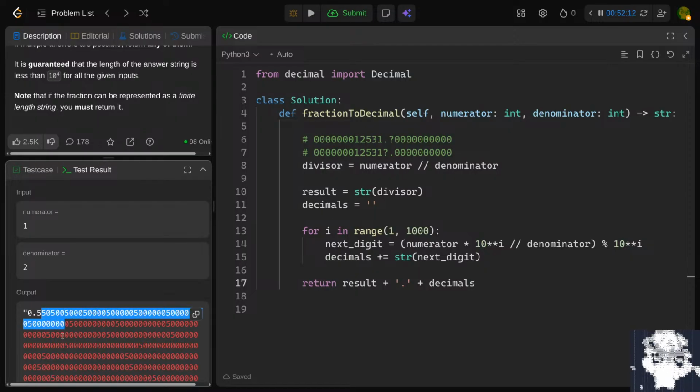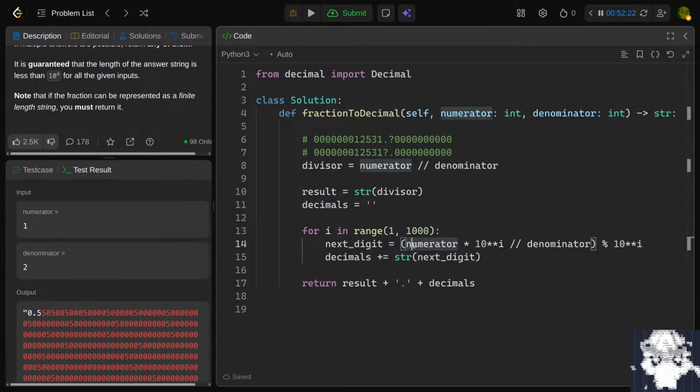So we obviously shouldn't have a bunch of 5s in our answer here. So numerator is 1.